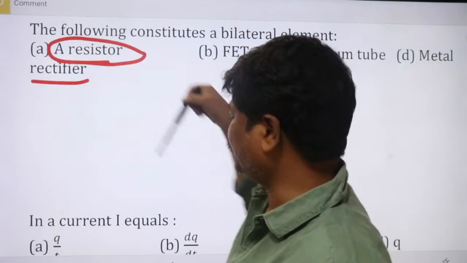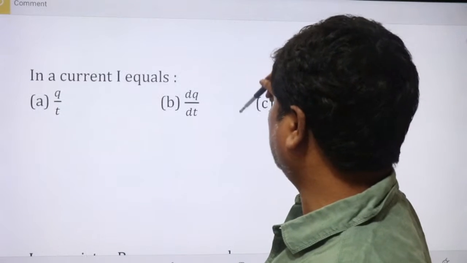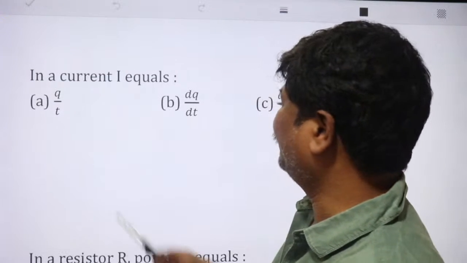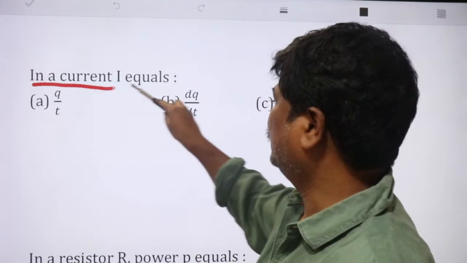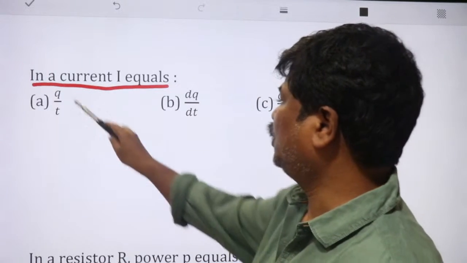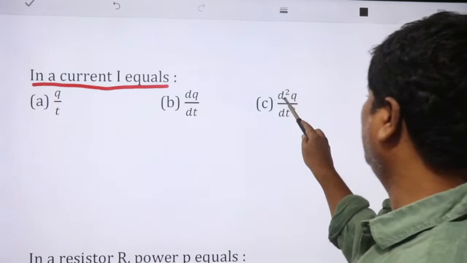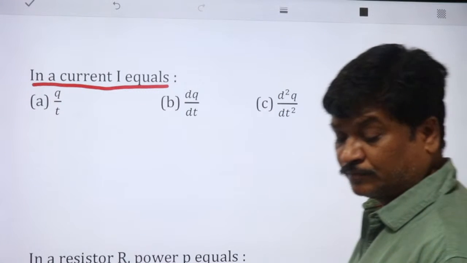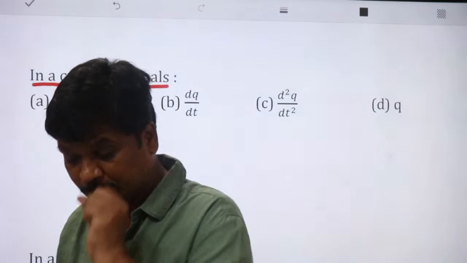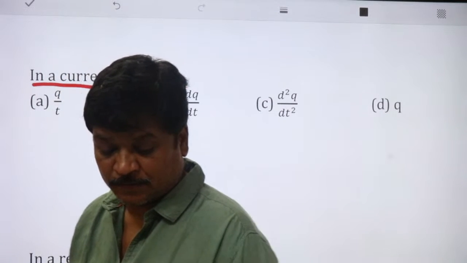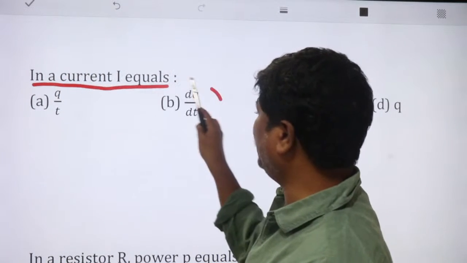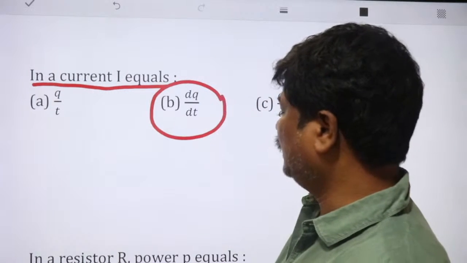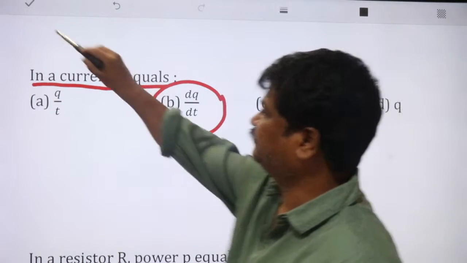What would be the next question? The current I is equal to Q by T, dQ by dt, d square Q by dt square, Q. So the answer is dQ by dt.